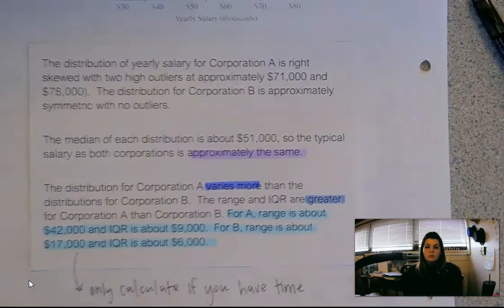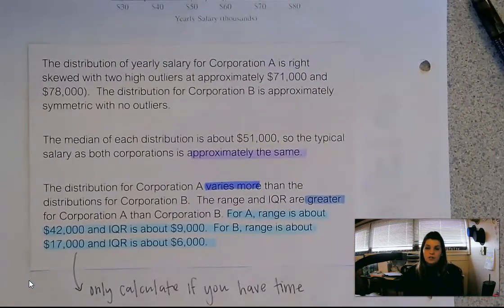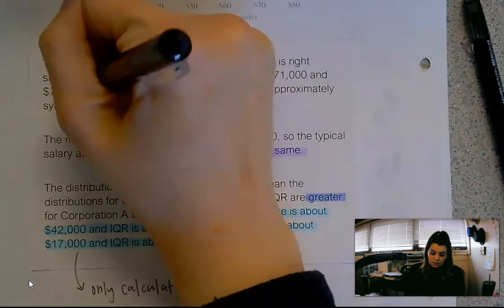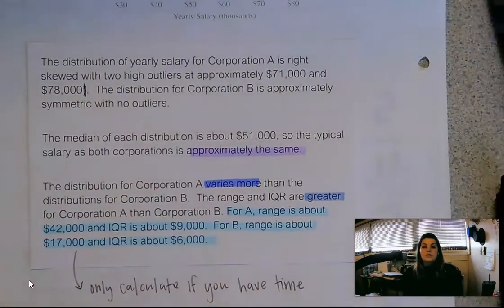So the distribution of yearly salary for Corporation A is right skewed with 2 high outliers, and then I wrote down where they were at approximately 71,000 and 78,000. I don't know why I have a parenthesis there. The distribution for Corporation B is approximately symmetric with no outliers.